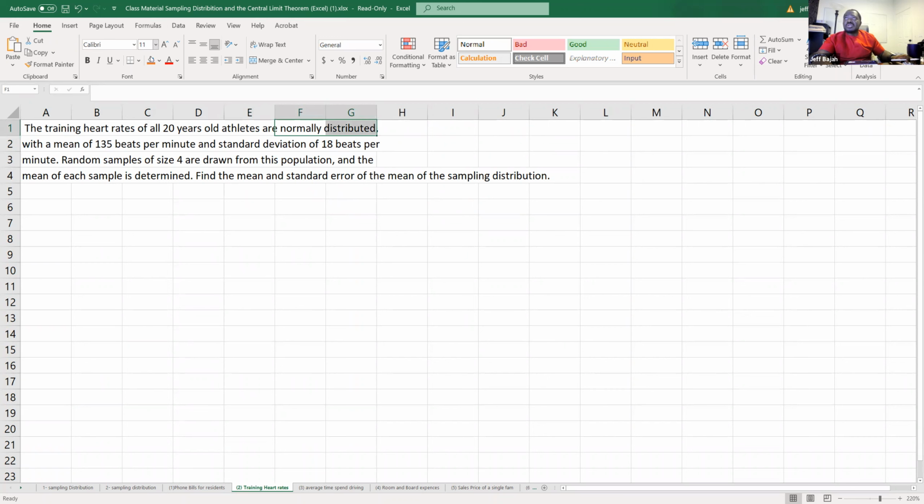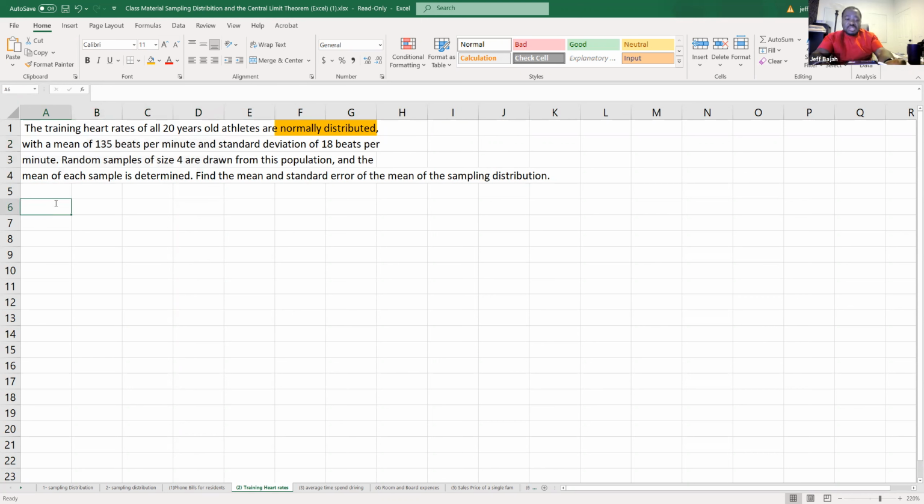Okay, this is good. It's distributed with a mean of 135 beats per minute and a standard deviation of 18 beats per minute. Random samples of size 4 are drawn from the population, and the mean of each sample is determined. Find the mean and standard error of the mean of the sampling distribution.